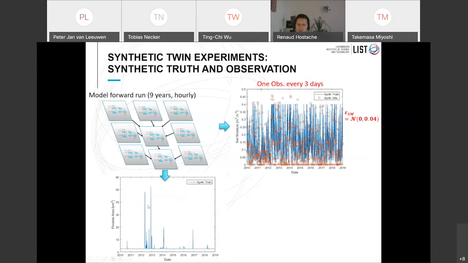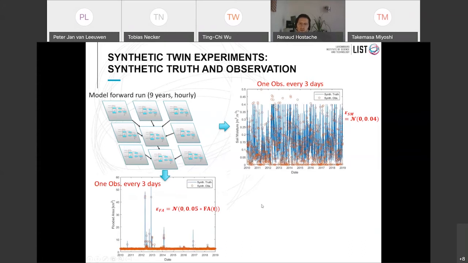So here is the time series that is generated from the model, from the truth run. We perturb them and assume that we have observations every 3 days. These red dots represent the data set that is assimilated later on into the model, so the perturbed observations.